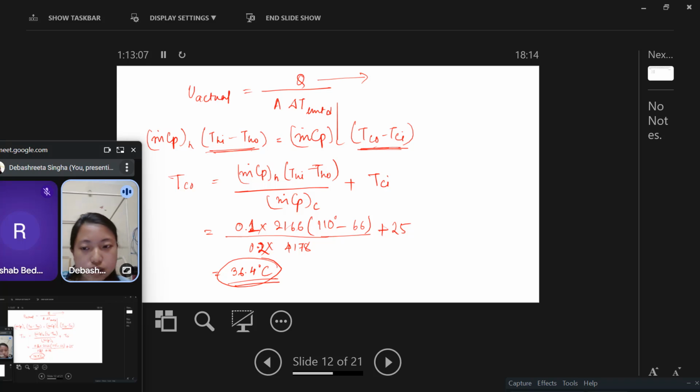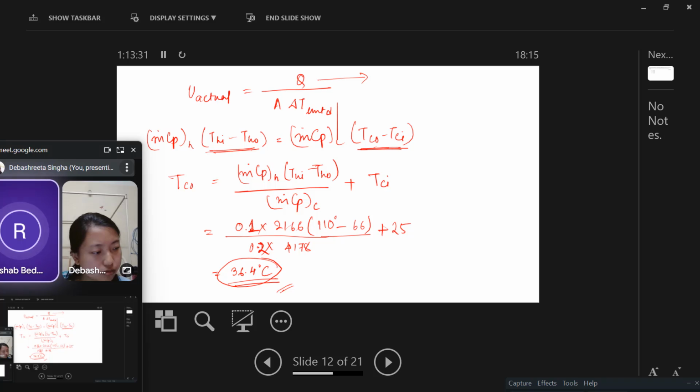What was the previous answer you got for TC naught? With the previous equation, TCI minus TCO, I got the value 13.59. But when I changed the equation, I got 36.4. Okay, only this mistake was done by me.